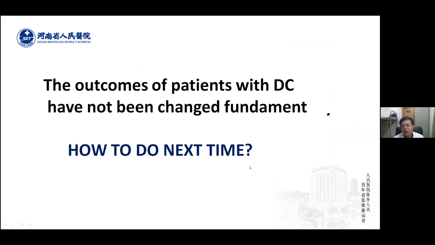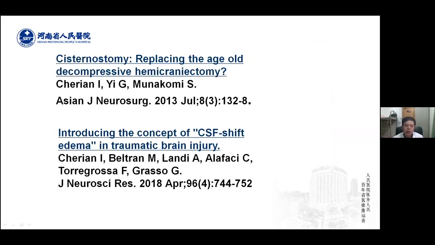We found this paper in recent years, which introduced the concept of CSF shift edema in traumatic brain injury.